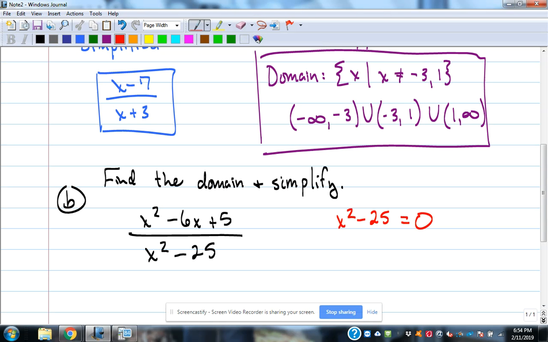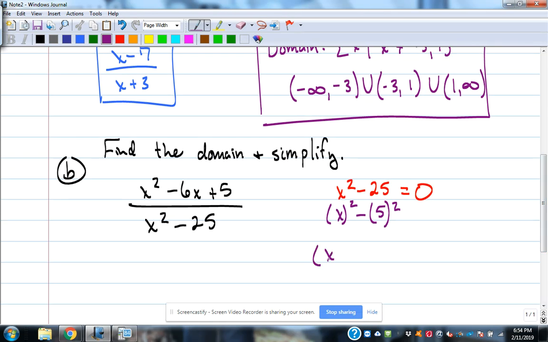It's got two terms, a minus sign in the middle. We've got an x squared and a 25. I'm thinking it's a difference of squares. What squared gives me 25? 5. So that means this thing factors as x plus 5 and x minus 5.